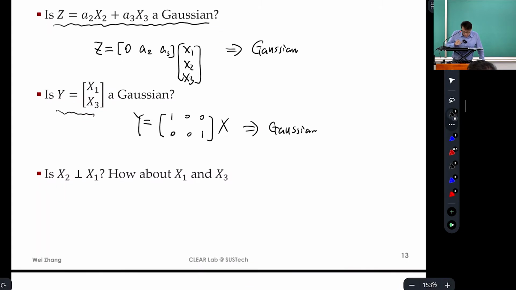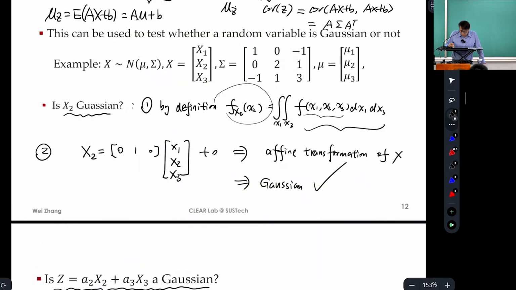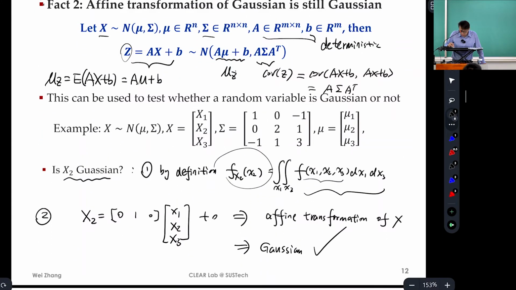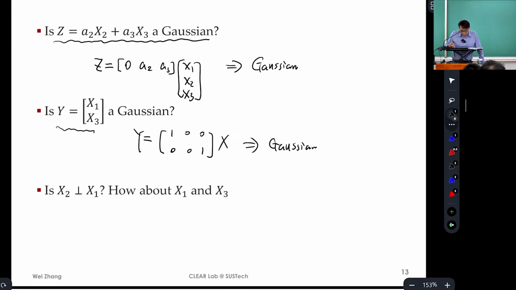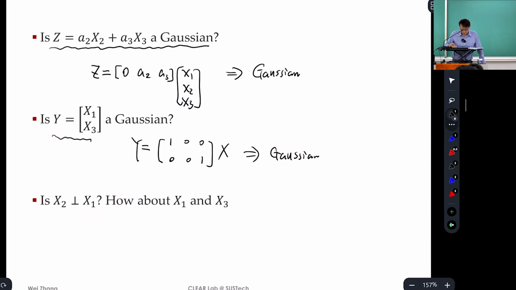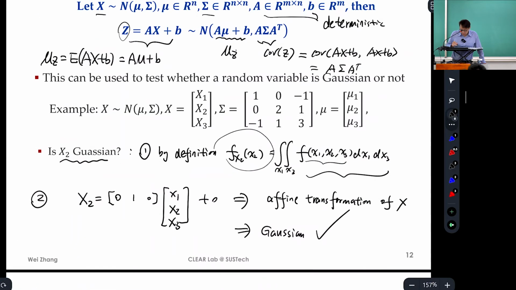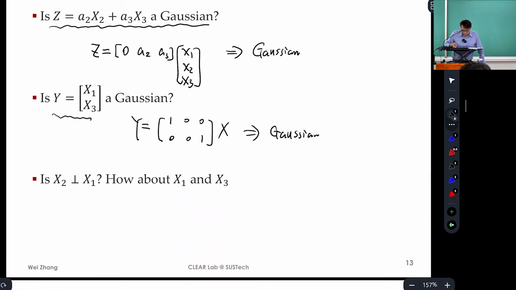The third question that I ask you is, is X2 independent of X1? Where's the covariance? I need to check.